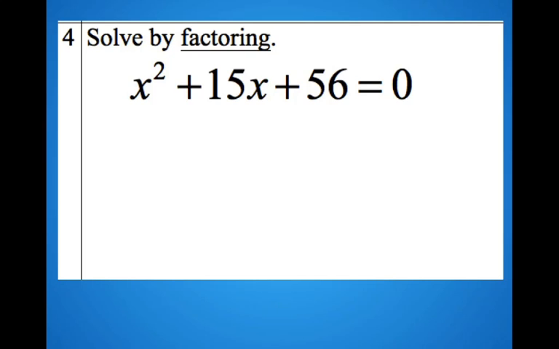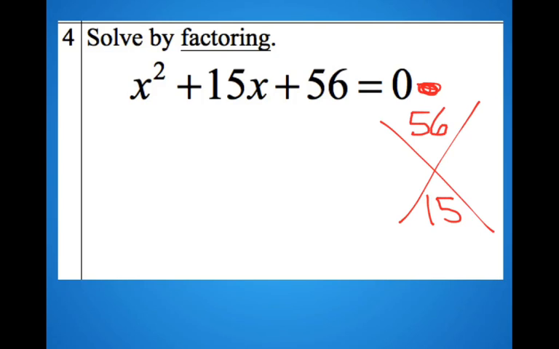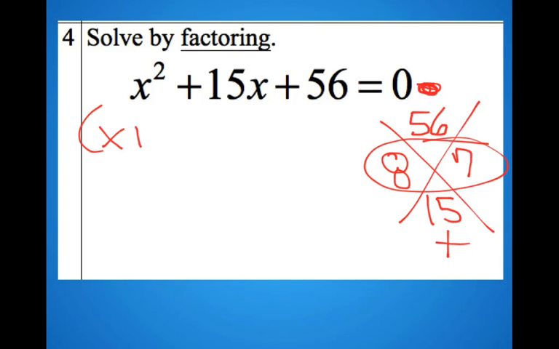So this is the easier of the trinomials, so we just make an x and we're looking for two numbers that multiply to be 56 and add up to be 15. Sorry, it's a long night. So 8 and 7 are the numbers. So we go right to our double bubble.